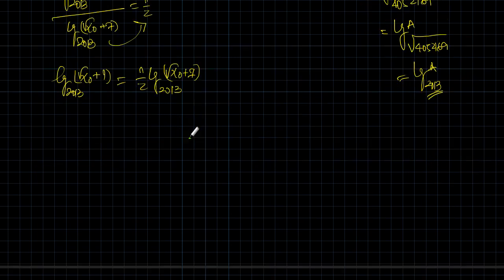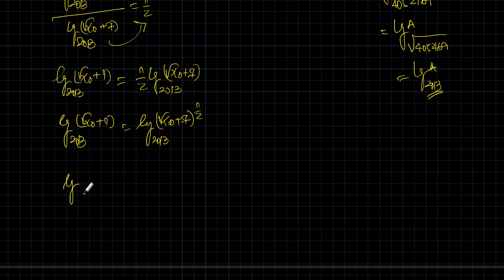This half will come as a power, so log base 2013 square root of x0 plus 1 is going to be log base 2013 of x0 plus 7 to the power 1/2, so this is a square root.